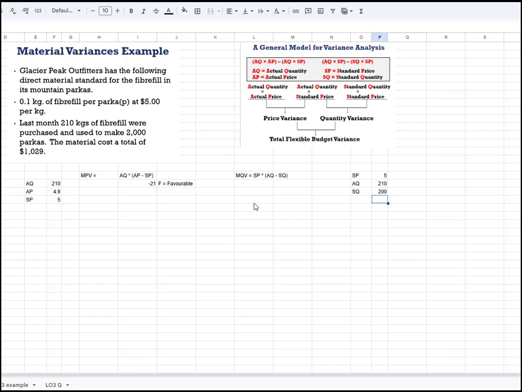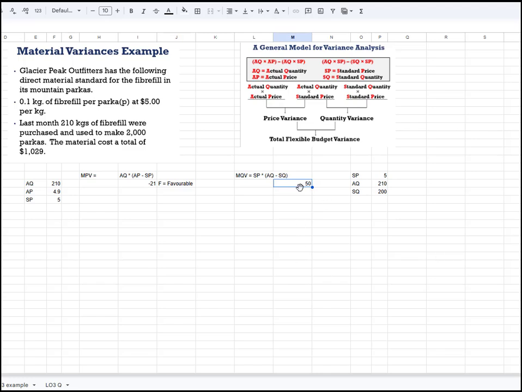That gives us 200. We expect to use 200 kilograms of materials for the amount of parkas that we made. All right, time to math this up. That equals our standard price of 5 times our actual quantity of 210 minus our standard quantity of 200. And that gives us 50.